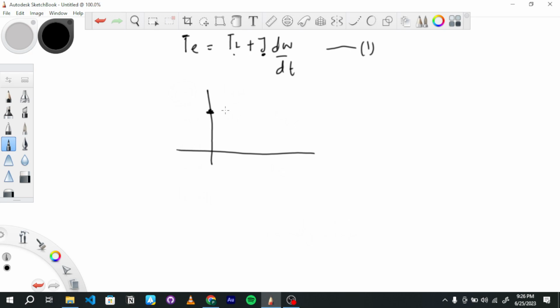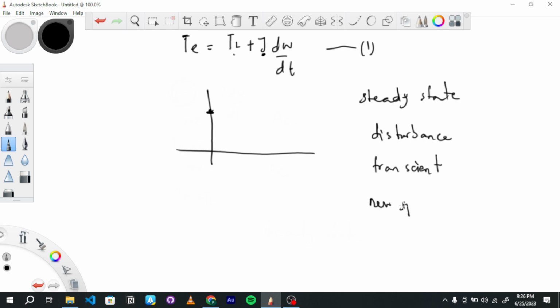I repeat, you have the drive operating at some steady state value. Now, when you subject the drive to some form of disturbance, it will go through some transient state and settle at a new speed within some time.